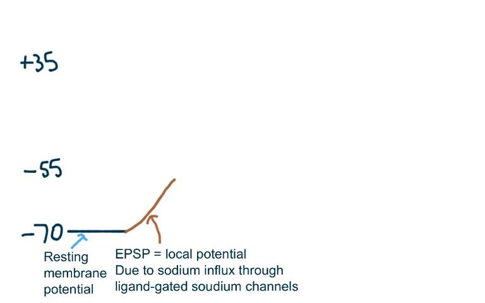But if you get to the threshold potential right here of minus 55, then we're going to have some things happen. The first thing that's going to happen is that this is the threshold potential. This is the voltage at which voltage-gated sodium channels open.